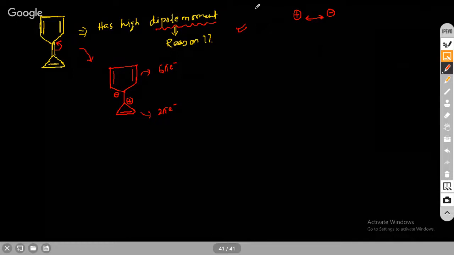See, valence shell electron pair repulsion theory, that is VSEPR. It actually deals with the shape of the molecule, shape, geometry, and bond angle. It's mainly with shape and bond angle. Okay, so write down the heading first.